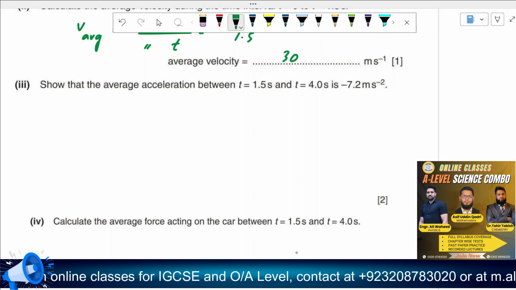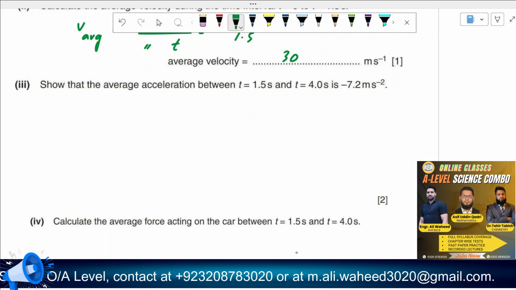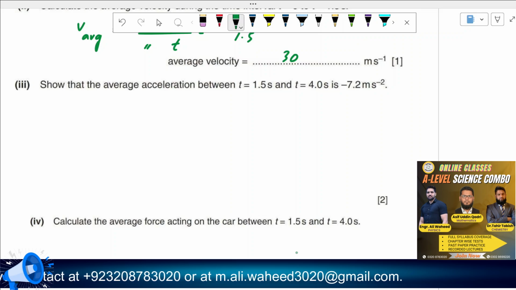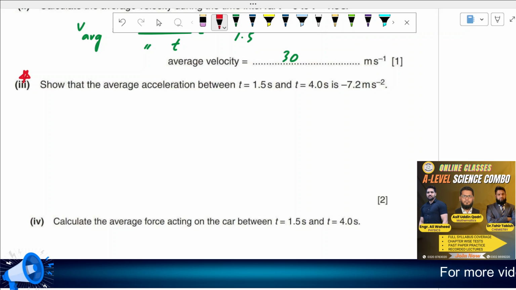Show that the average acceleration between 1.5 second and 4 second is minus 7.2 meter per second square. This is a question that only few students were able to solve. So we need to find the value of the average acceleration.